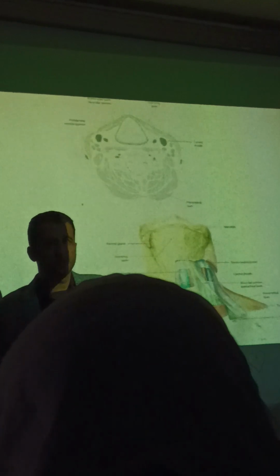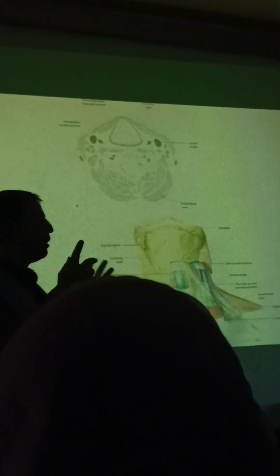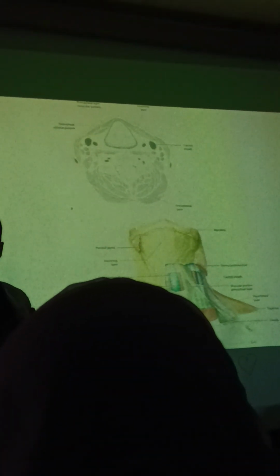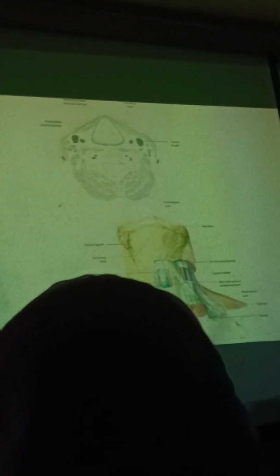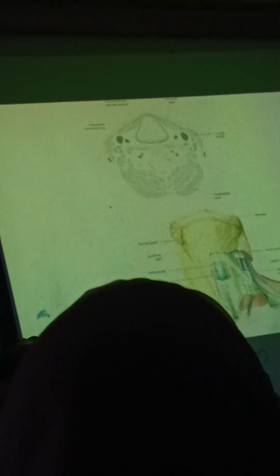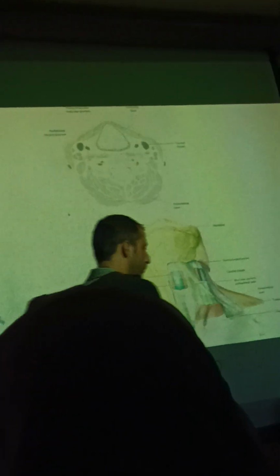This fascia is named the prevertebral fascia. So the prevertebral fascia, carotid sheath, and pretracheal fascia are the deep layer of deep fascia. What was the superficial layer of deep fascia? Investing. Yes, investing. Okay. See here.